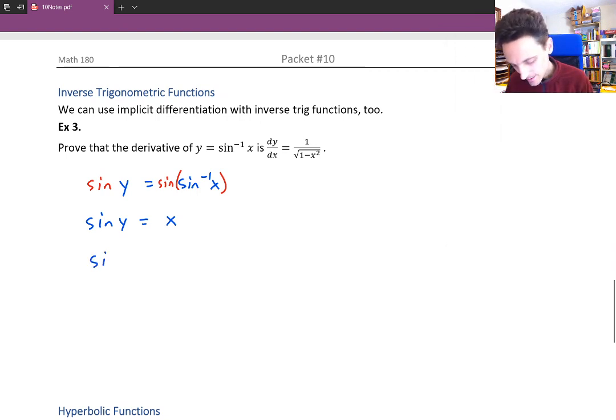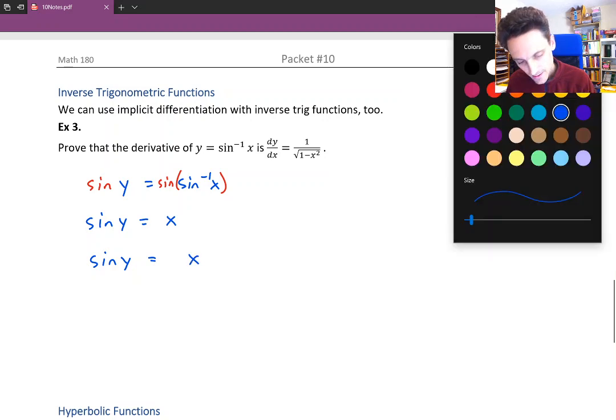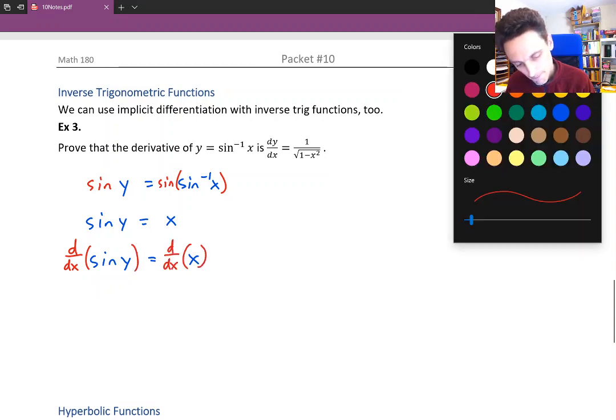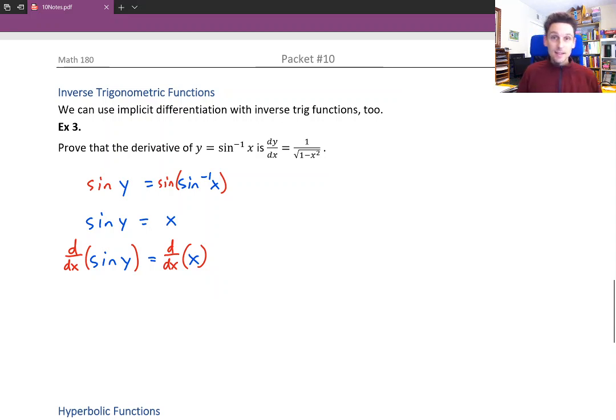So I'm going to write down sine y equals x, but leave some space to write the derivative with respect to x. Now, it's implicit differentiation again because the variable x is different from the variable y.